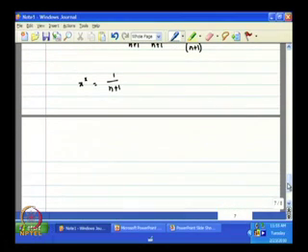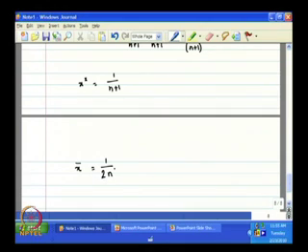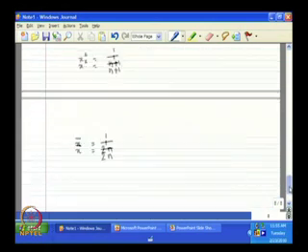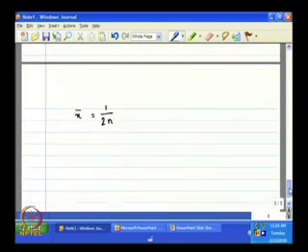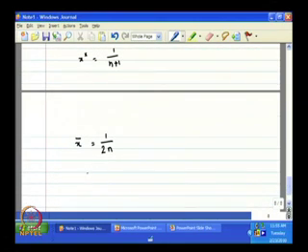Now, suppose x, let us call it x bar, is equal to not 1 divided by n plus 1, but 1 divided by 2n. Now, is this greater than x star or less than x star? I claim that x bar is less than x star.